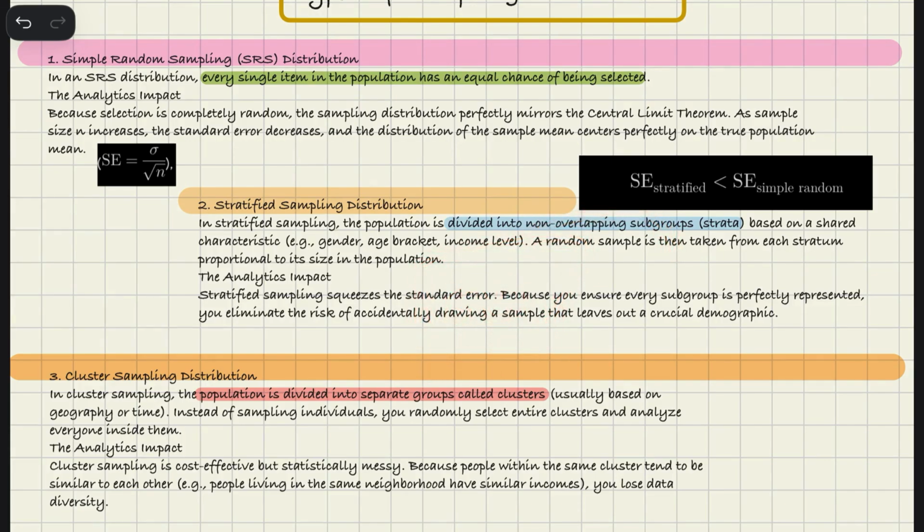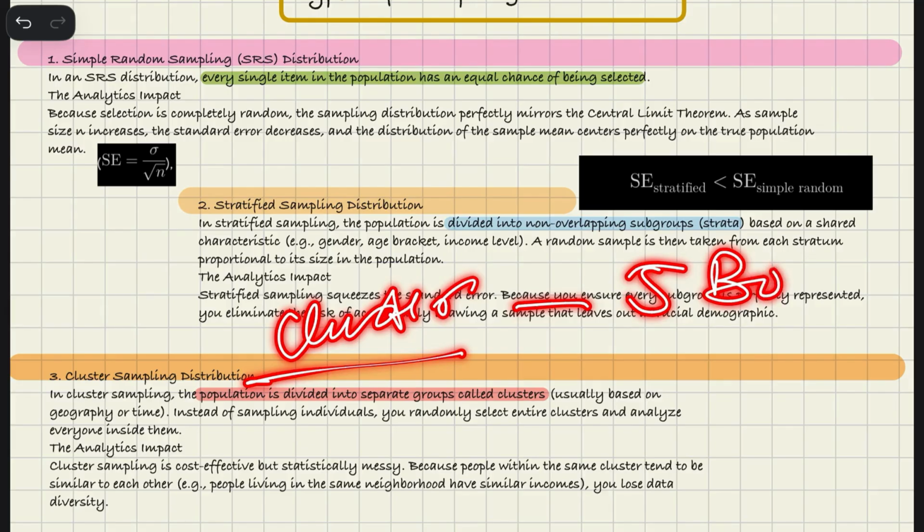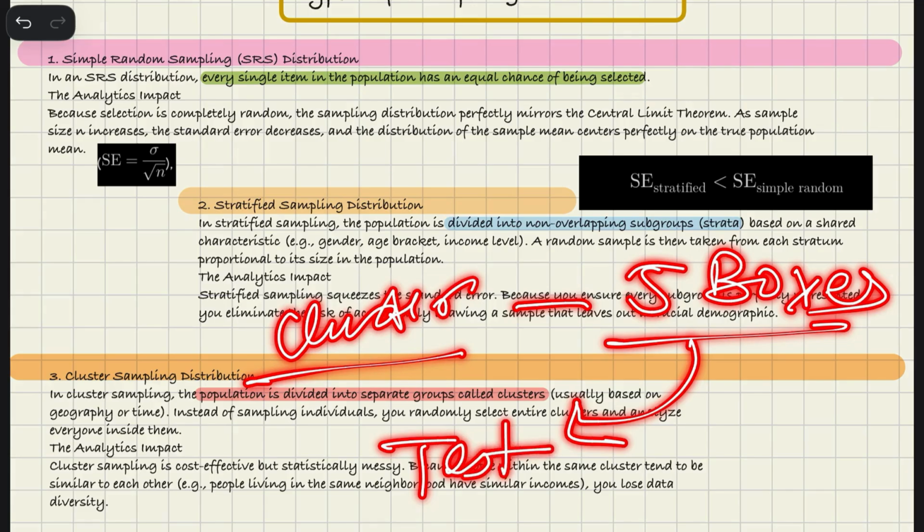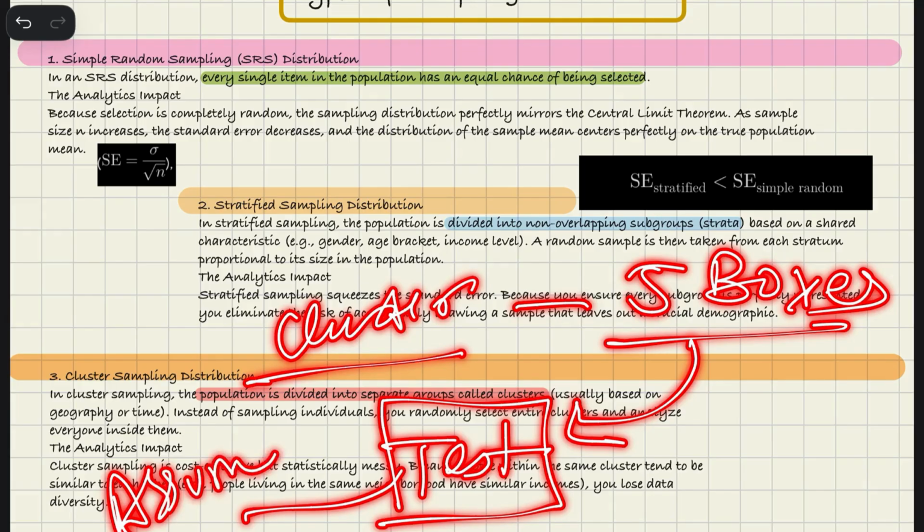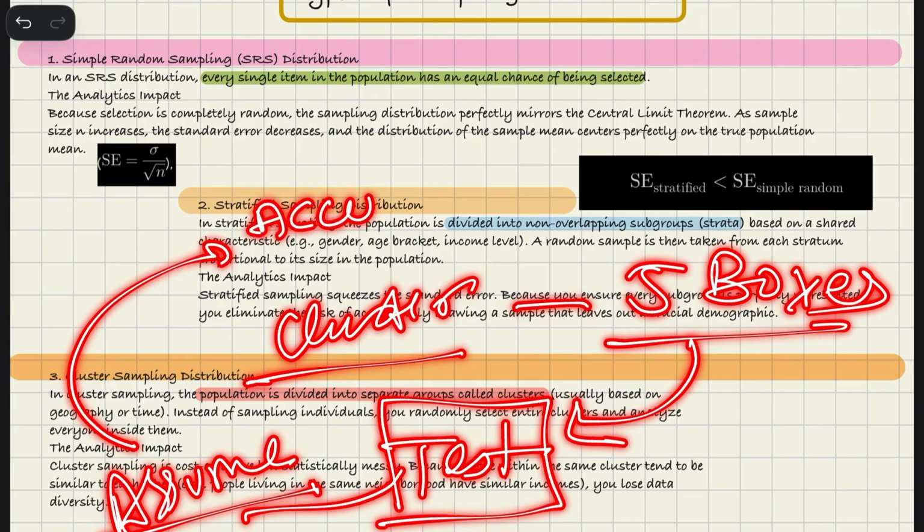That takes way too much time and ruins all the packaging. So instead you use cluster sampling. You treat the boxes as your clusters, and you randomly pick 5 boxes out of 100. You open them up, you test every single donut inside those 5 boxes, and you assume that because each box represents a mini mix of the factory output, checking these entire clusters will give you an accurate picture of the whole batch. So this is what cluster sampling is.